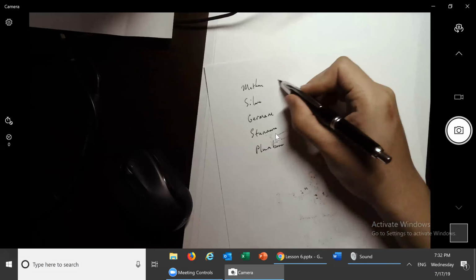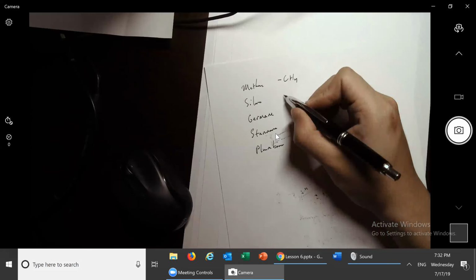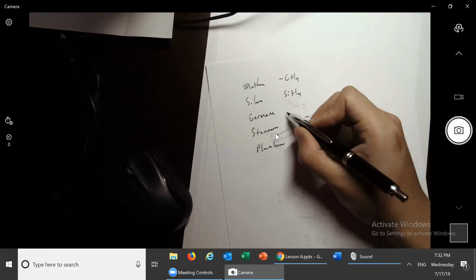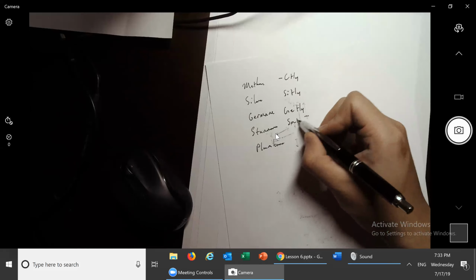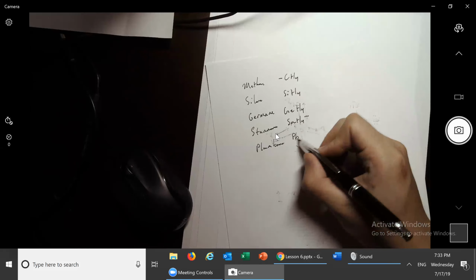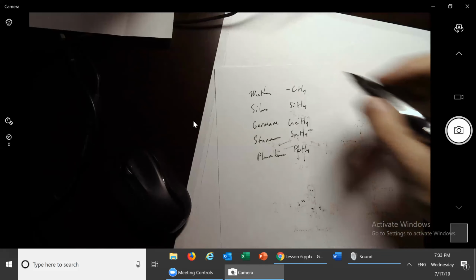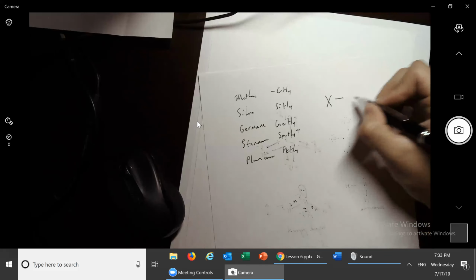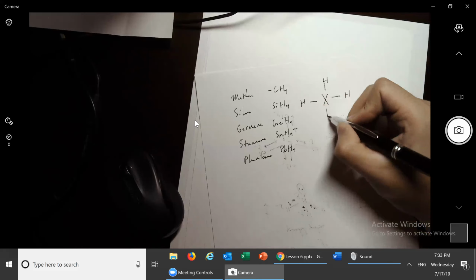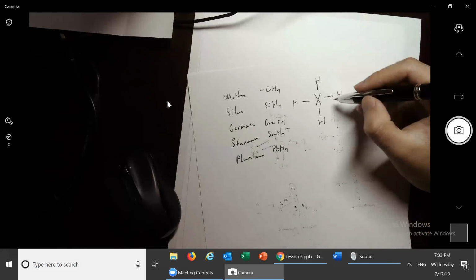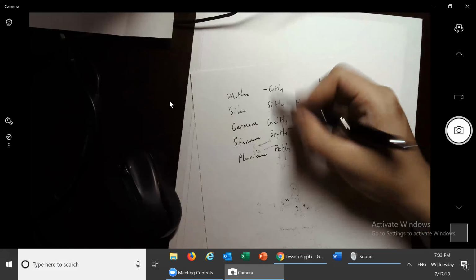So CH4, SiH4, GeH4, SnH4, and PbH4. So the structure is this, right? And where X is one of these elements.